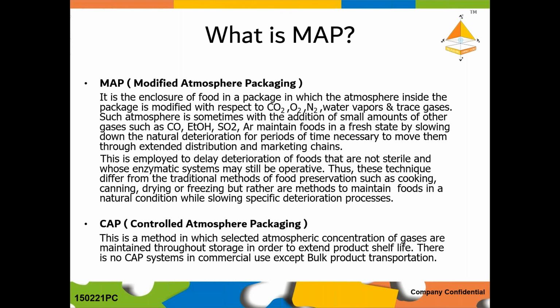So what exactly is MAP? As the name suggests, modified atmosphere packaging. It is the enclosure of food in a package in which the atmosphere inside the package is modified with respect to CO2, O2, N2, water vapors, and trace gases.